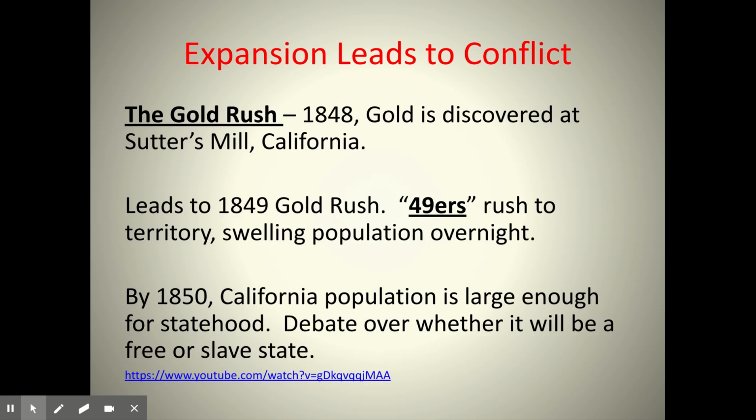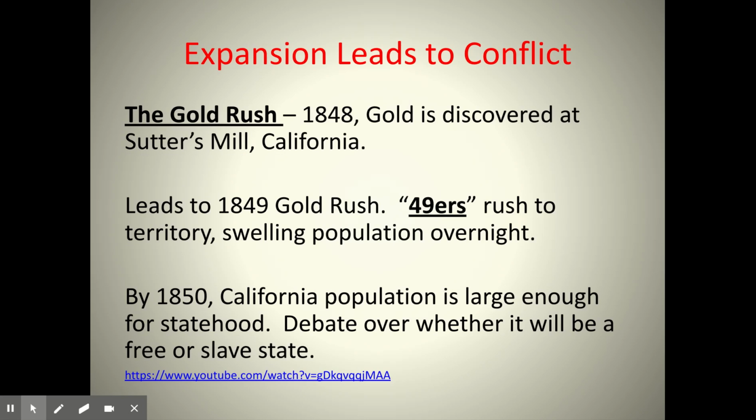So you also have the gold rush, and this leads more and more people out to the West. In 1848, they discover gold at Sutter's Mill in California. In 1849, the news travels, and you see a rush of people coming out, wanting their shot at finding gold.